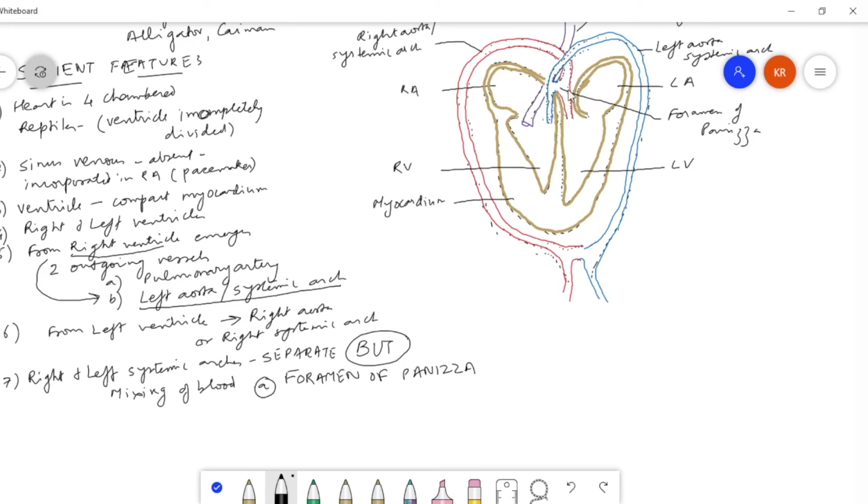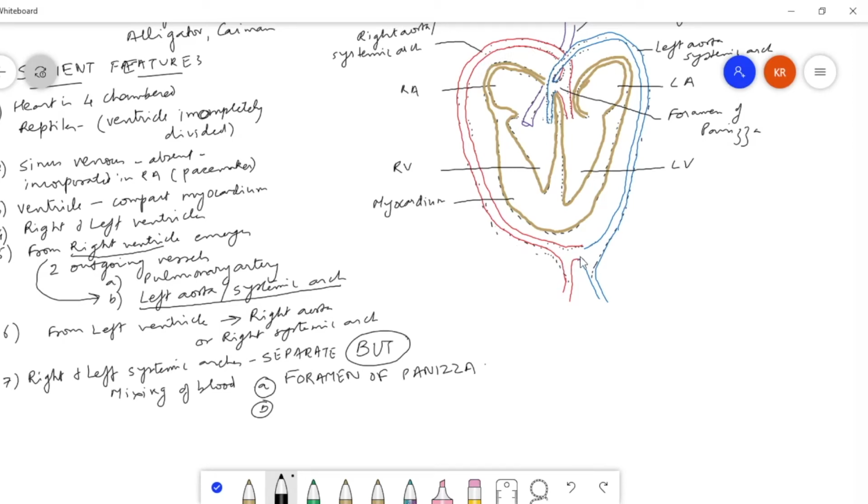When they emerge out of the heart itself, there is a small opening between the two and they are interconnected. This is called the foramen of Panizza. This is the first one. B, just take these blue and red colored tubes, the left systemic arch and the right systemic arch, and see where they are coming down.